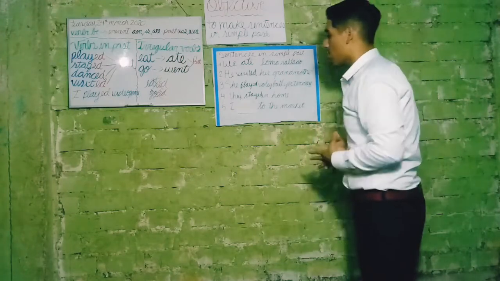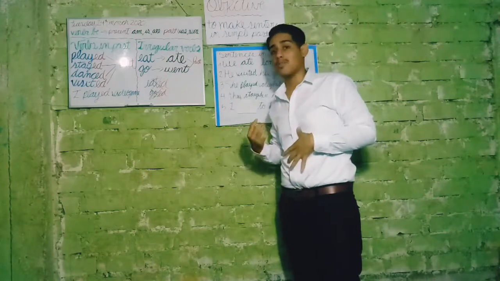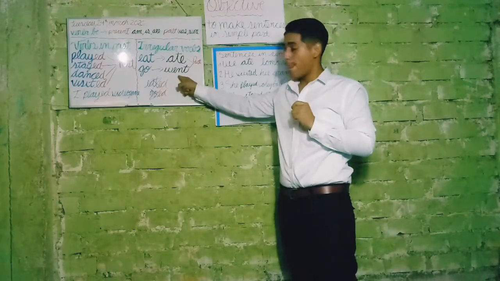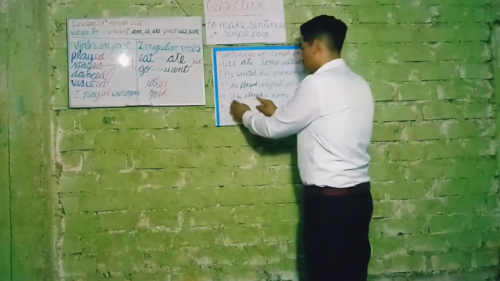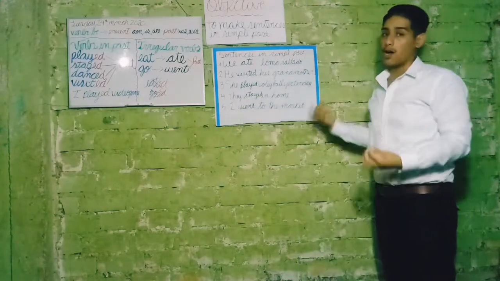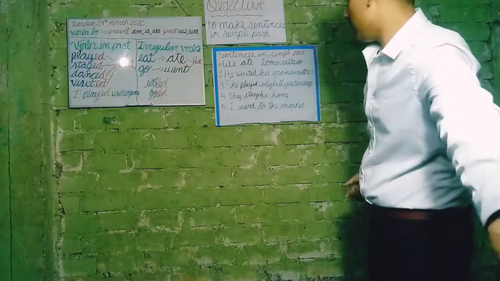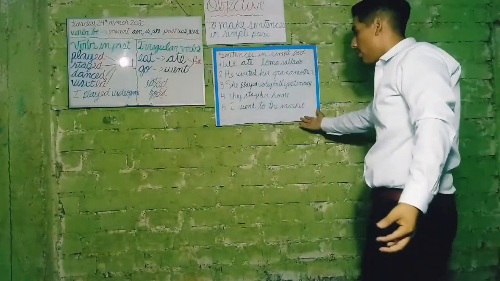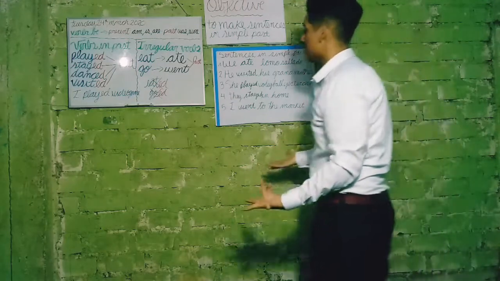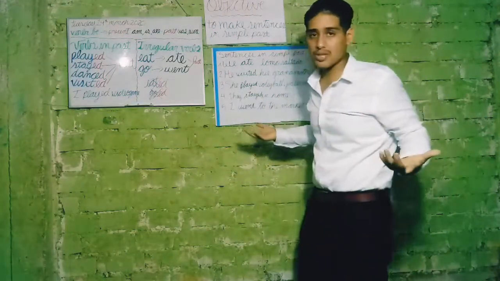Go, excellent, go. But go is in irregular. So go in the past becomes in went. Exactly. So I went to the market. Now that makes sense. Of course. So I went to the market is our sentence. Okay, you see? It's so easy, right?